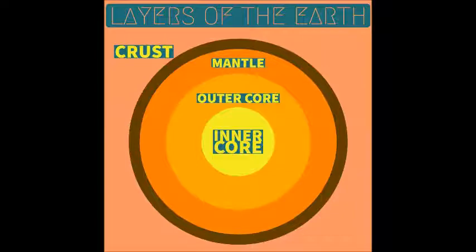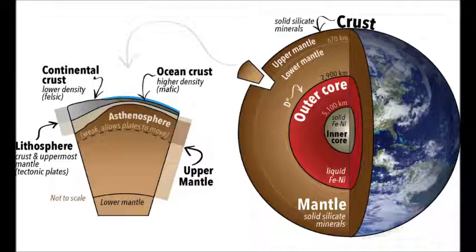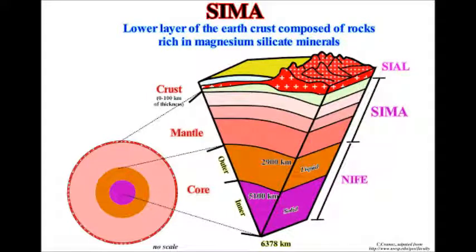The crust is divided into two parts. They are Sial and Sima. Sial is also called continental crust and Sima is called oceanic crust. Sial is the upper part of the crust where only lighter materials are found.